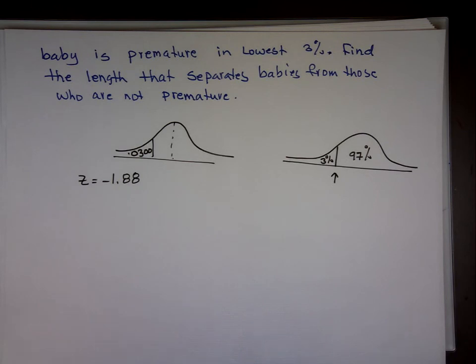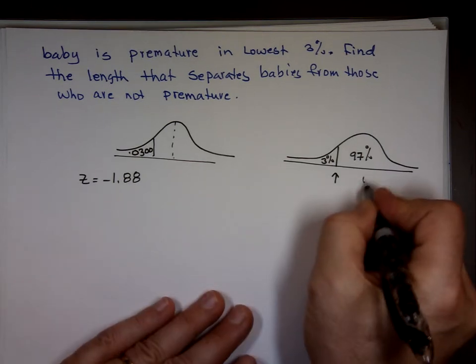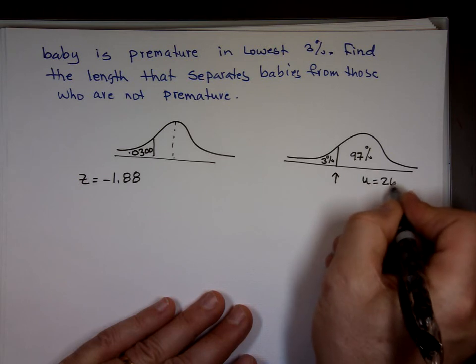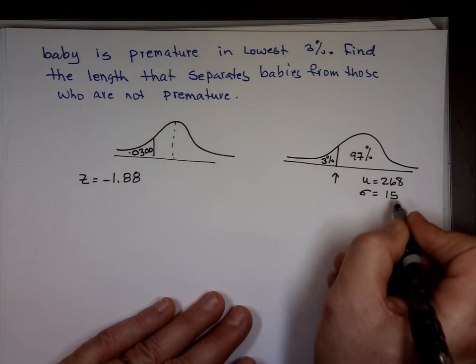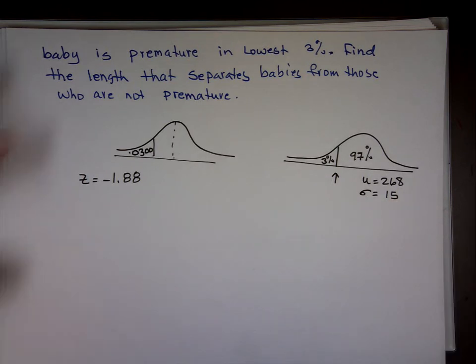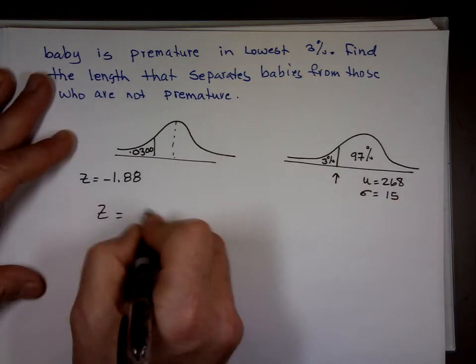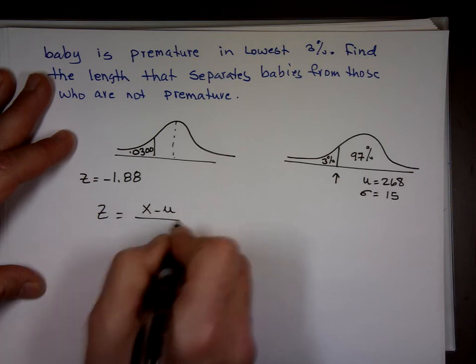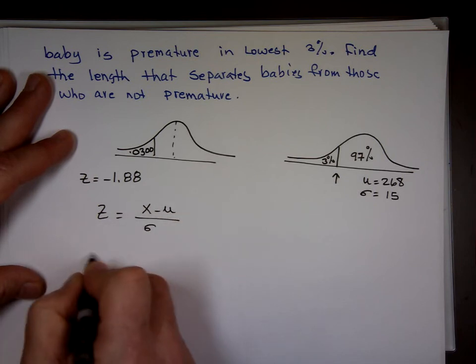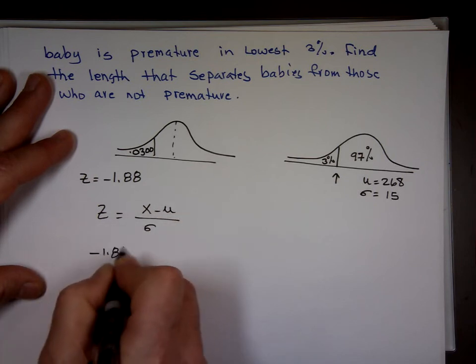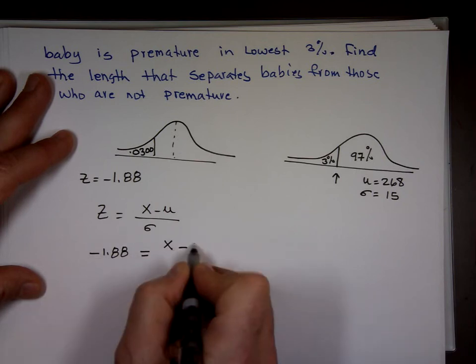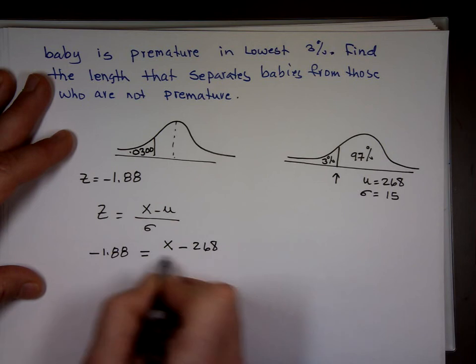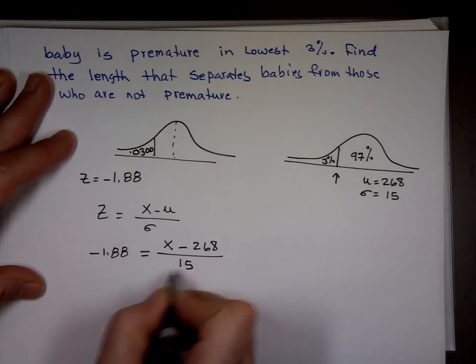Still, we're using the same numbers. We're using pregnancy as a normal distribution of what? Mean 268 days. Standard deviation is what? 15. So z equals x minus mu over sigma. Negative 1.88 equals x unknown, mu 268, sigma 15. Solve it for x.